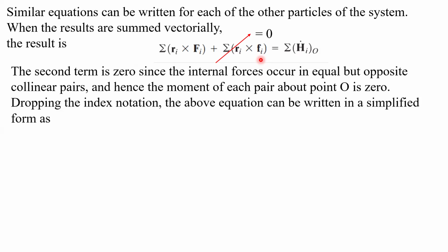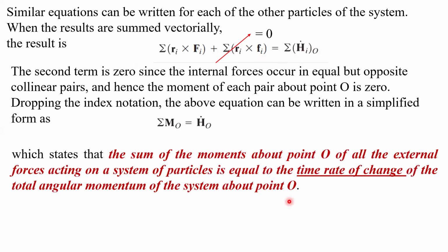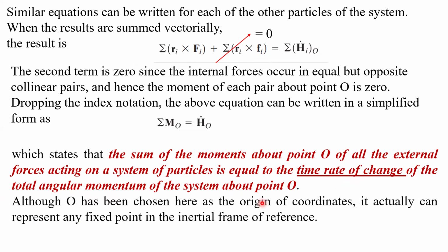Dropping the index notation, the above equation can be written in a simplified form as that, which states that the sum of the moments about O of all the external forces acting on a system of particles is equal to the time rate of change of the total angular momentum of the system about point O. Although O has been chosen here as the origin of coordinates, it can actually represent any fixed point in the inertial frame of reference.